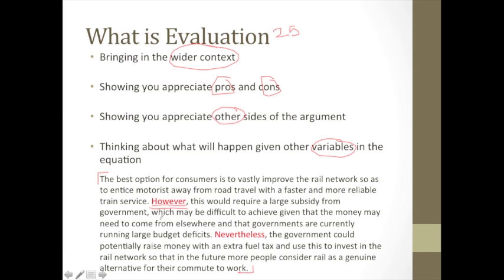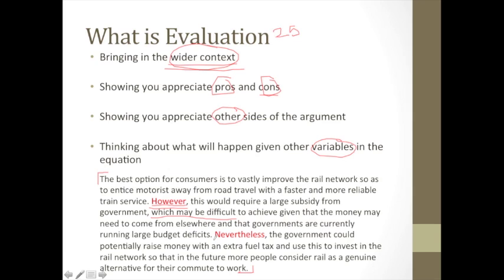Again, appreciating that it's not as simple as getting a large subsidy. This might be difficult to achieve given the money may need to come from elsewhere, and that governments are currently running large budget deficits. The wider context, looking at the bigger picture. Really good example of evaluation.